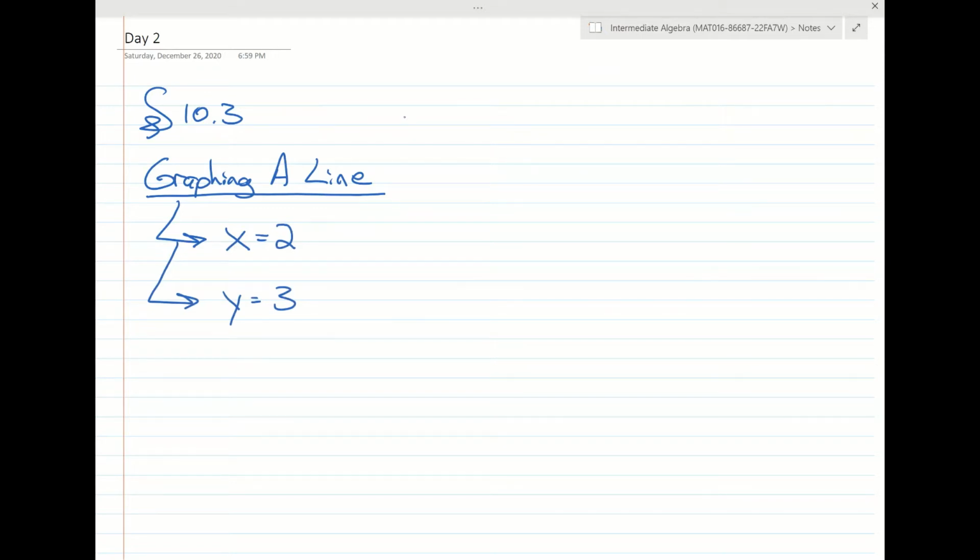If you have x is equal to a number like x is equal to 2, it's just a vertical line through the x value. So it looks like this.